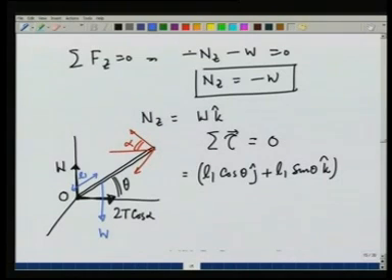So, the distance where W is acting is L1 cosine theta j plus L1 sine theta k, cross product of minus W k.